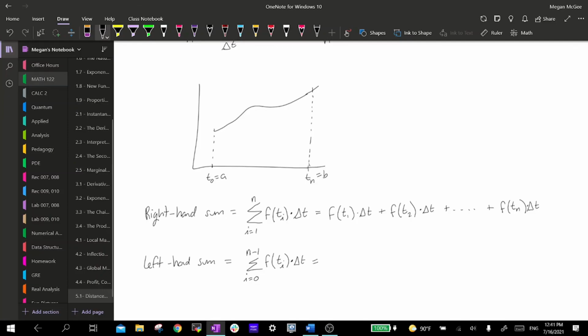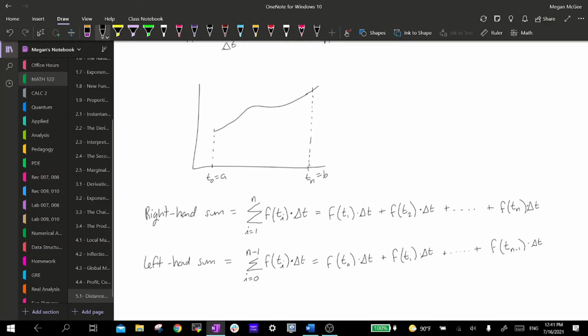But this time in our right-hand sum we started at f of t sub 1; in our left-hand sum we're starting at f of t sub 0 times delta t. Then we get to f of t sub 1 times delta t. And we keep going, but we stop one sooner. So we stop at f of t sub n minus 1 times delta t.